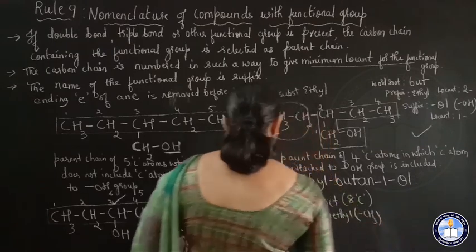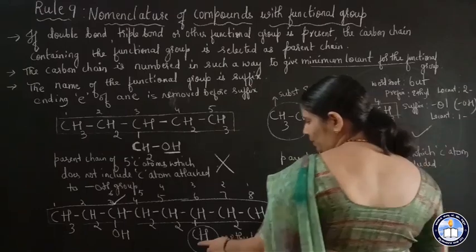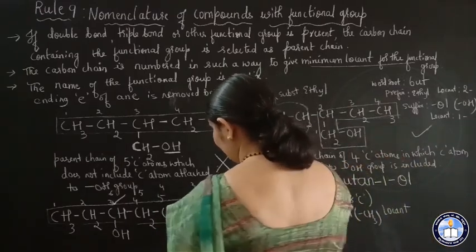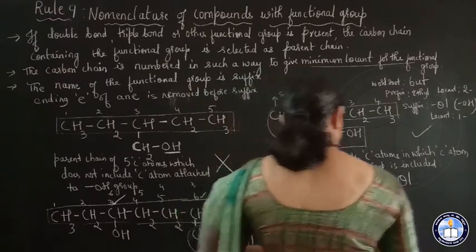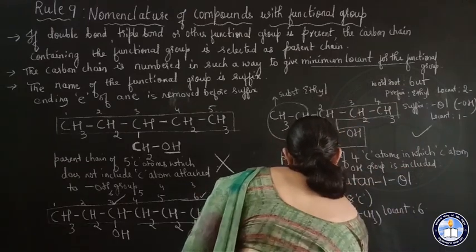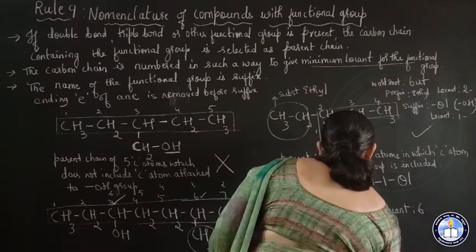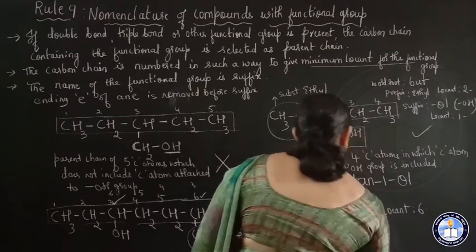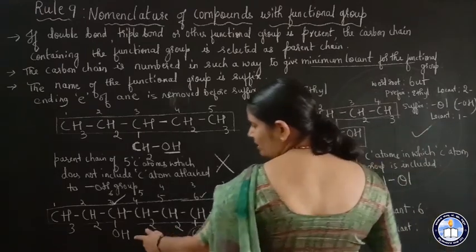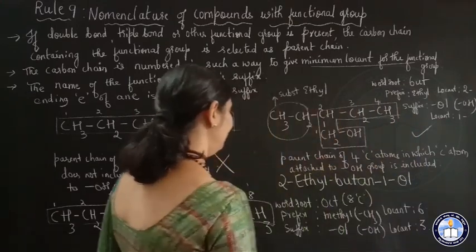What about the locant? The methyl group is attached to which carbon atom? Carbon atom 6. So the locant is 6. Then the suffix. OH is the functional group, so OL is the suffix. Its locant, OH is on which carbon atom? Carbon atom 3.